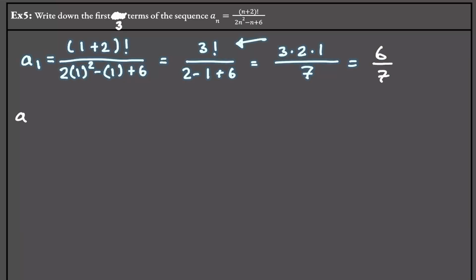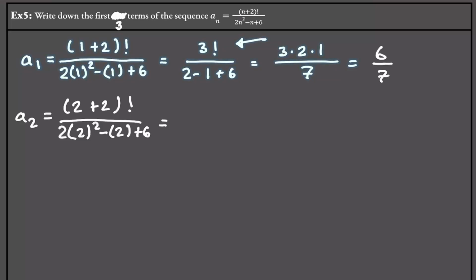Now let's try out the second value in the sequence. So on here, we're going to replace n with 2. So we'll have 2 plus 2 factorial all over 2 times 2 raised to the second power minus 2 plus 6. We simplify the top, 2 plus 2 is just 4 factorial.